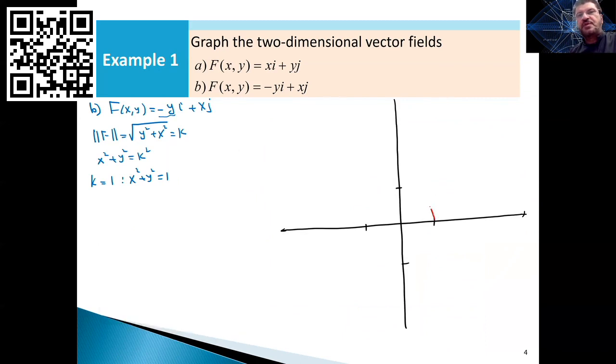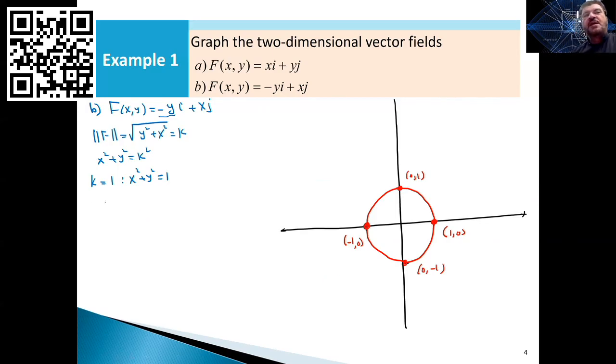That's our first circle. So this point is (1, 0). This one is (0, 1). This one is (-1, 0). Those are our points. And this one is (0, -1).